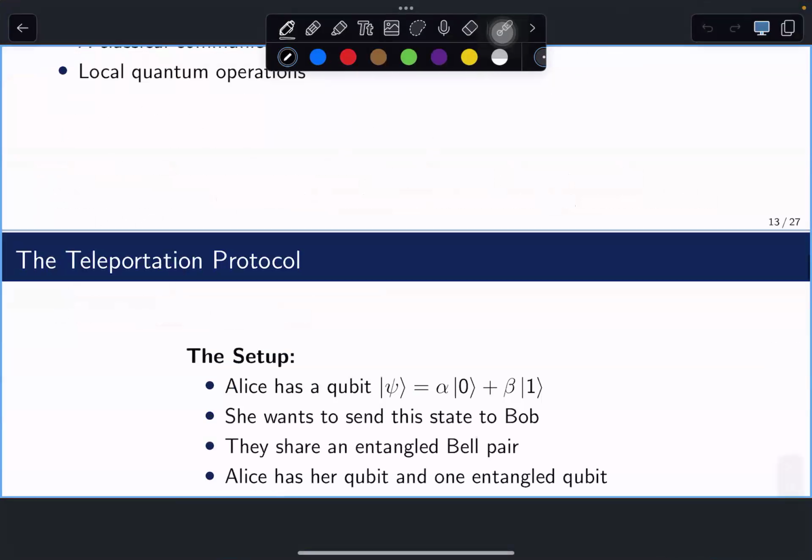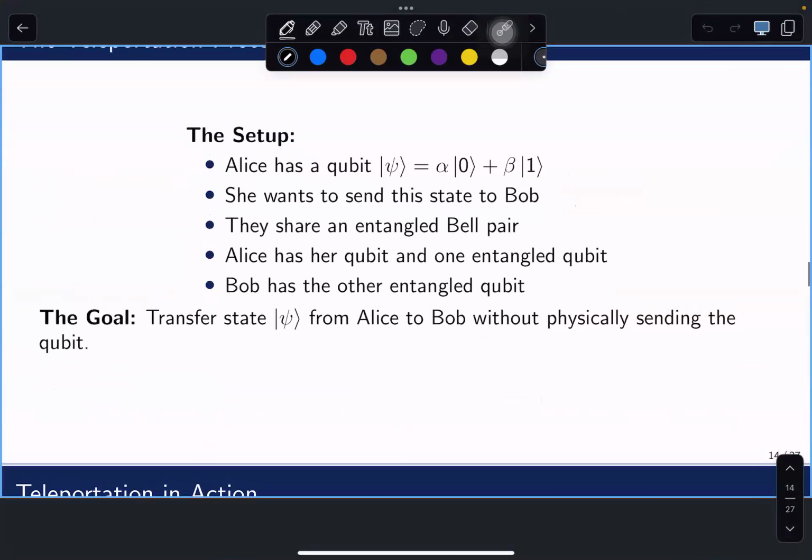Okay, let us continue. For example, we have two persons. The first one is person A, Alice. The second one is person B, Bob. If Alice has a qubit with a random state, we simulate it to be alpha |0> plus beta |1>.